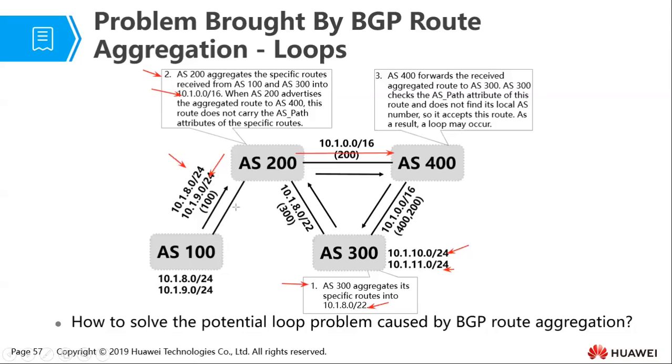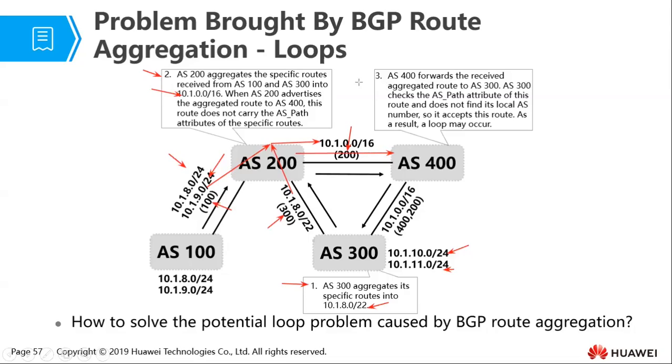Hey, I'm coming from 300. Hey, I'm coming from 100. But when these two are aggregated to 10.1.0.0/16, then we lost the AS path, and now the AS path is just 200.